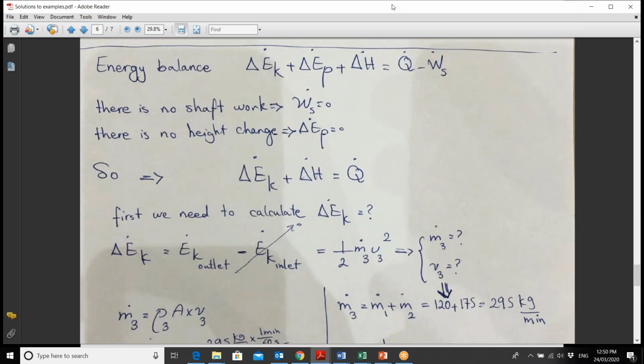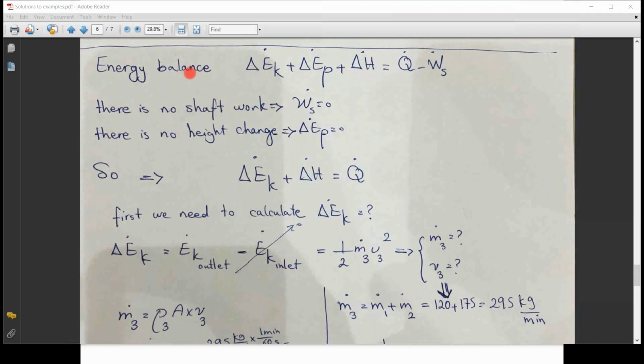We start with writing the energy balance equation, which is delta EK, delta EP, delta H enthalpy, and Q minus WS. From the boiler structure and the question, we know that there is no shaft work for the boiler, and there is no specific elevation change or height change between the inlet and outlet, so you can assume delta EP is 0.